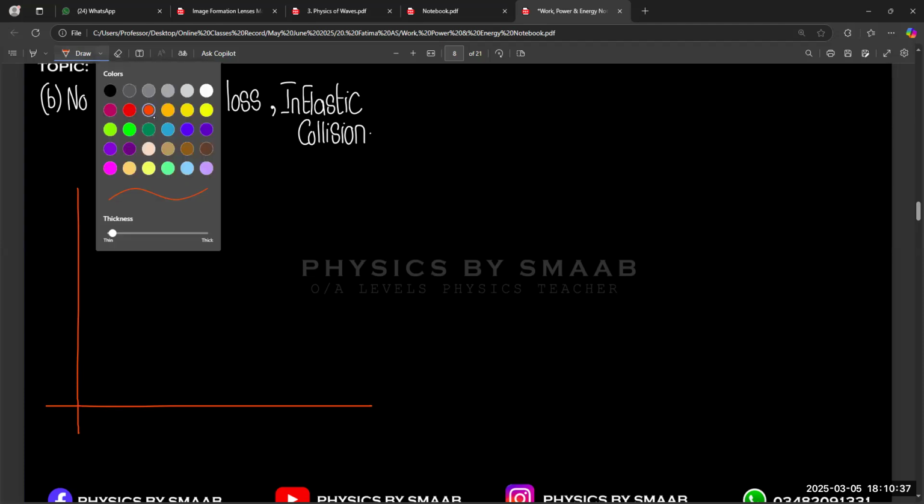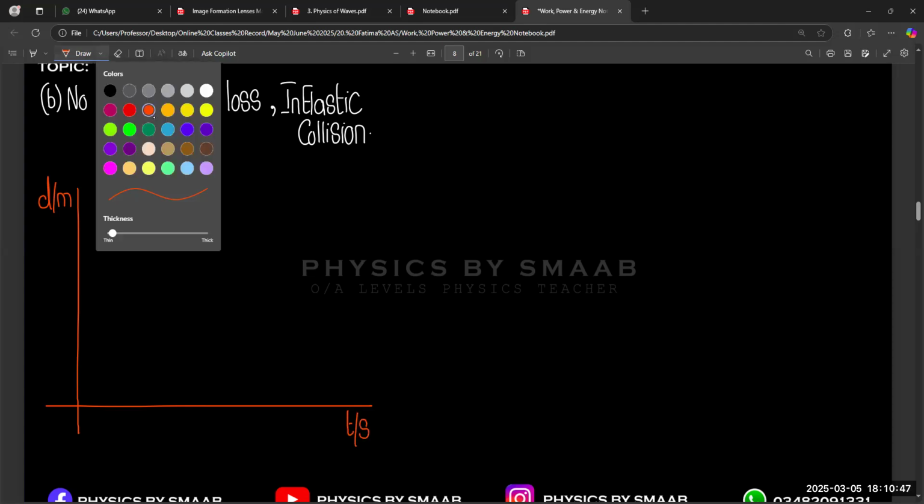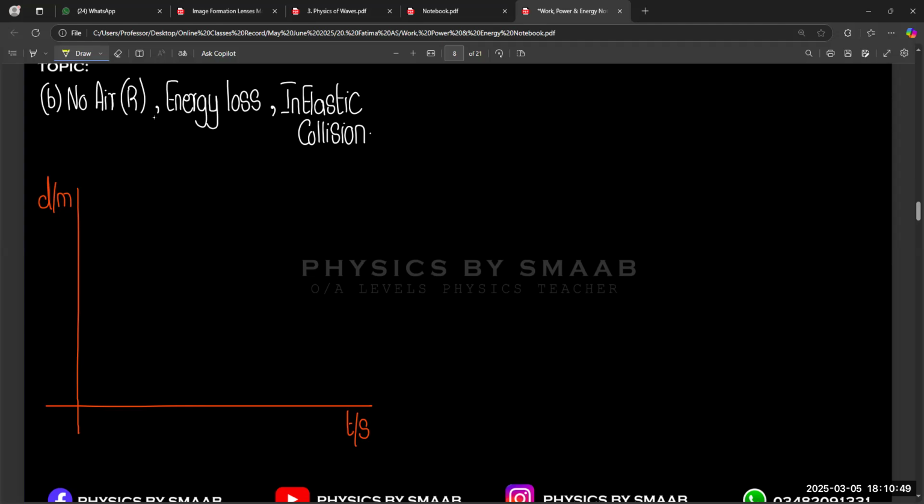So let's suppose we again drop an object from the same height, just like we dropped in the last case. For example, this is the maximum height and we drop from 10 meters, it strikes the ground.